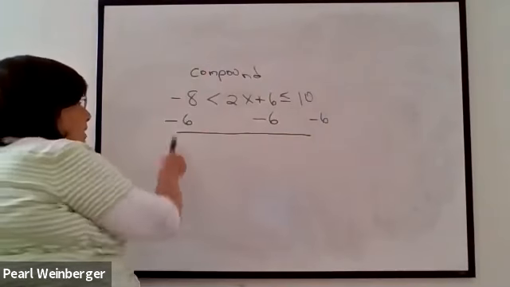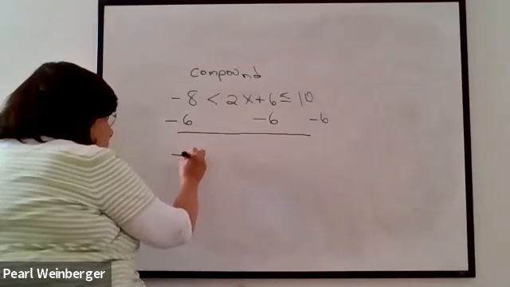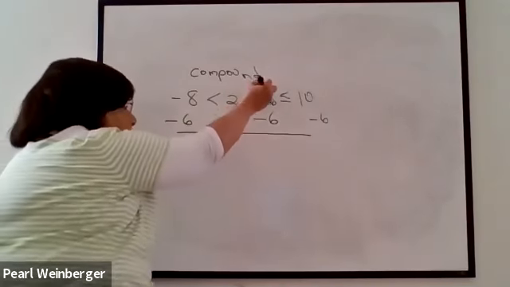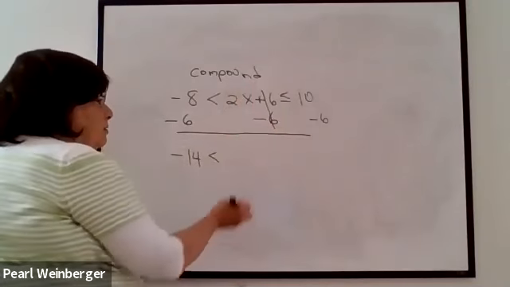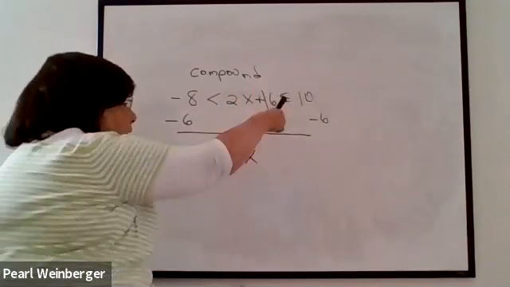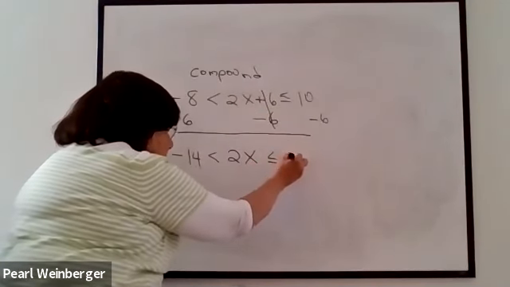Okay, now we bring down. -8 and -6 is -14. The middle stays the same: the 6 and 6 cancel out, so that just leaves me 2x. Here I have 10 and -6, so that gives me +4.